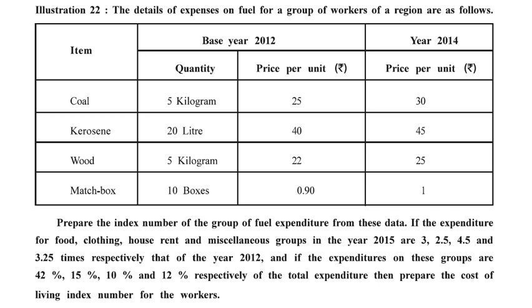We have items coal, kerosene, wood, matchbox, base year 2012, quantity that is Q0, price that is P0, and current year price P1. If you check the question, we are not given the method of calculating this sum.